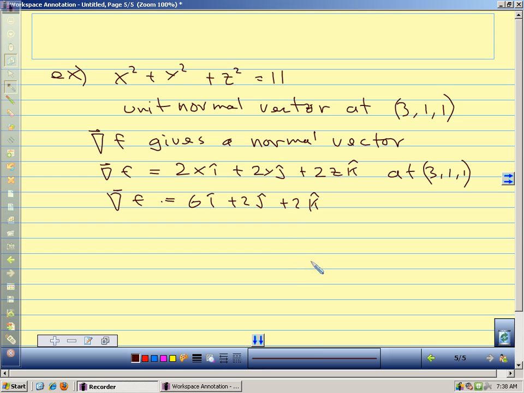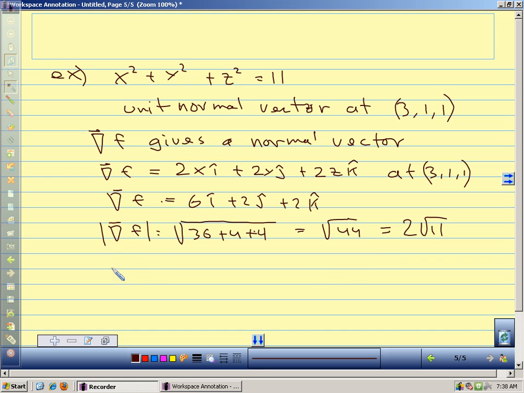We want a unit normal vector. So the length of del f is the square root of 36 plus 4 plus 4, which is the square root of 44, which equals 2 square root of 11.